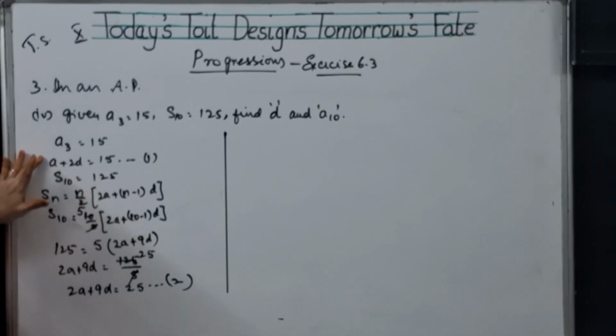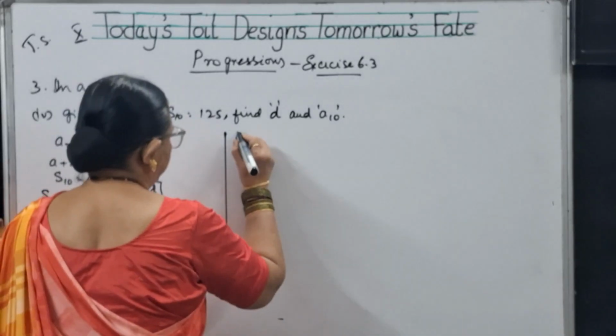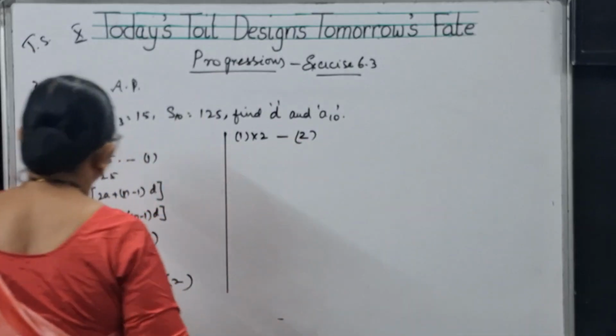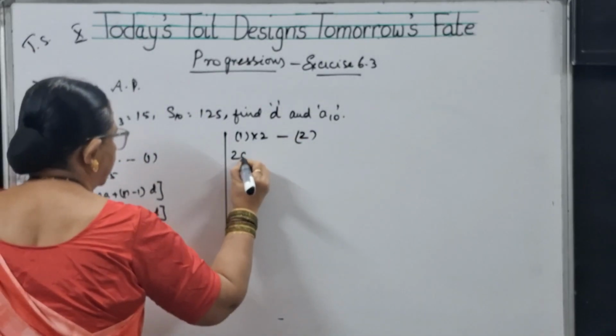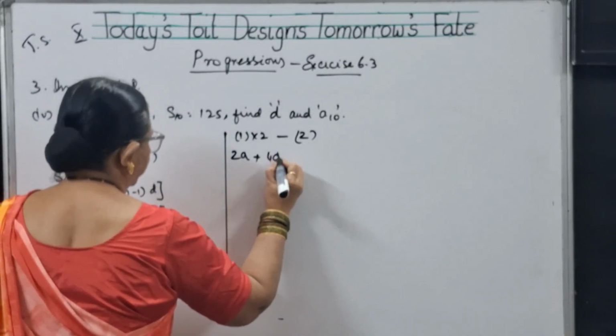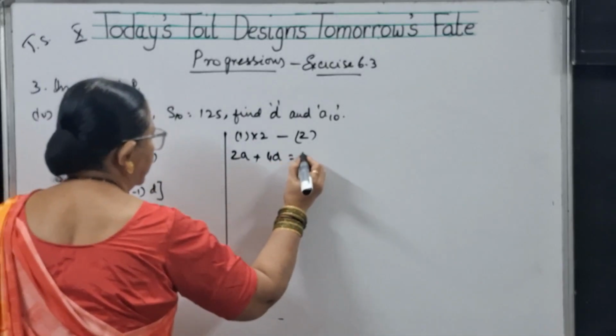So I will equalize a. How? By multiplying the first equation by 2 and subtracting the second equation. So first equation into 2: 2a plus 2 twos are 4d is equal to 15 twos are 30.